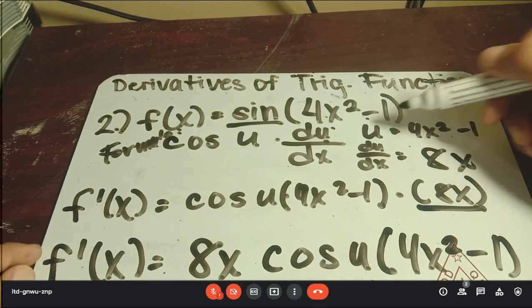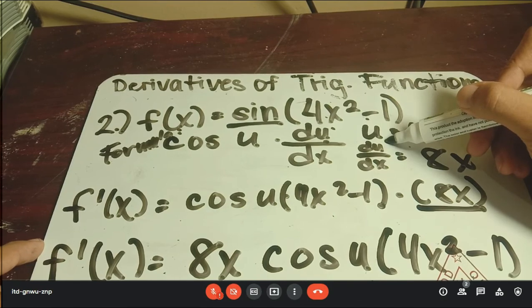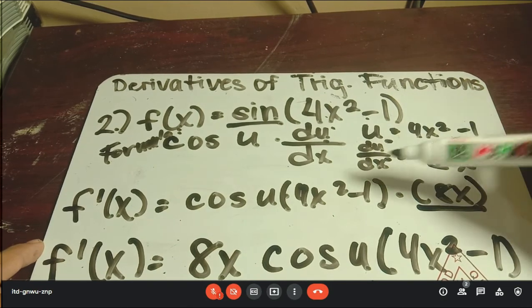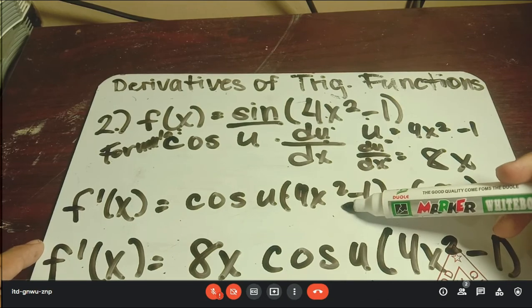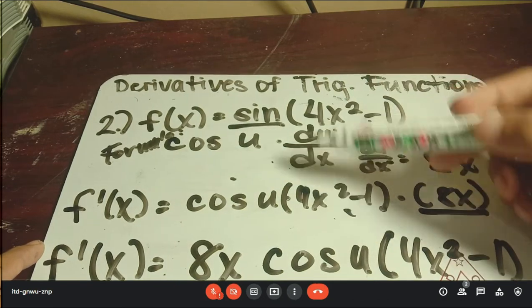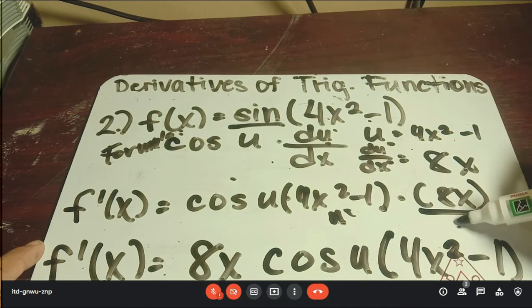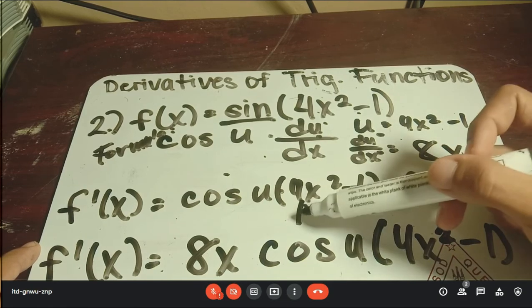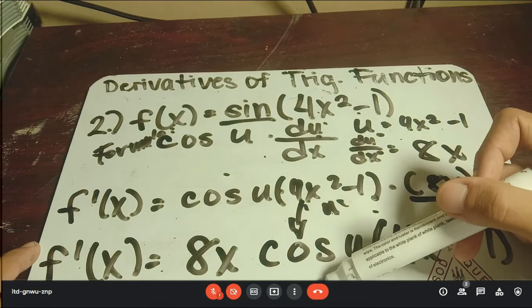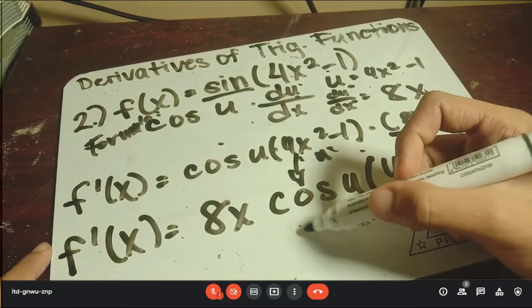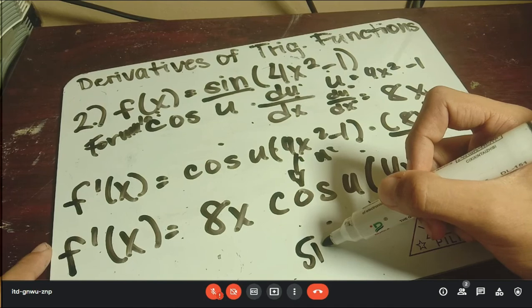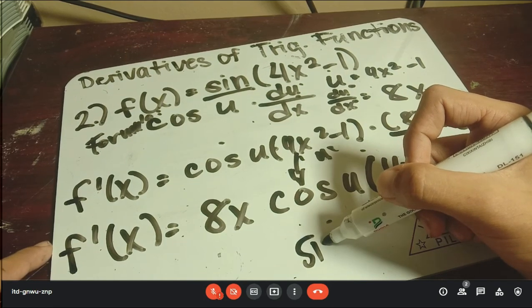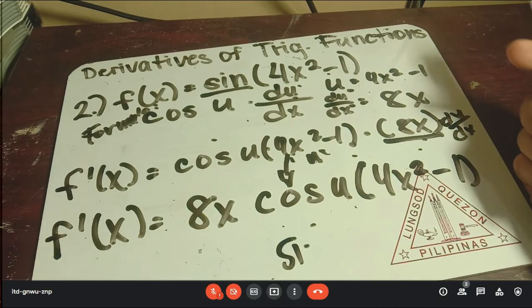Inalam natin maigi kung ano yung u natin and yung du over dx natin, which will lead to substitution sa ating formula. Dahil dyan, hindi madali para sa atin kung paano siya i-solve. So yan, dito sa part na to ay we simplify it, or we make it a standard form. Sa ganun, mas cleaner siya tignan kaysa dito, di ba?